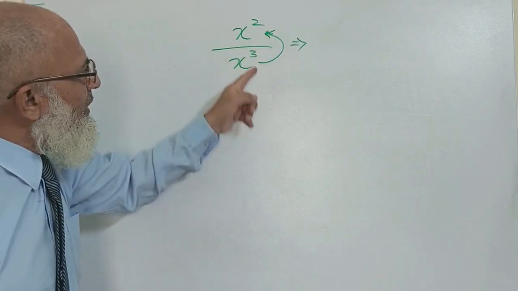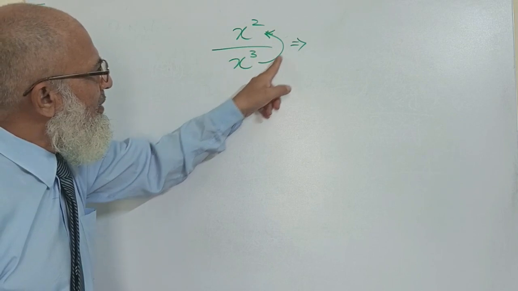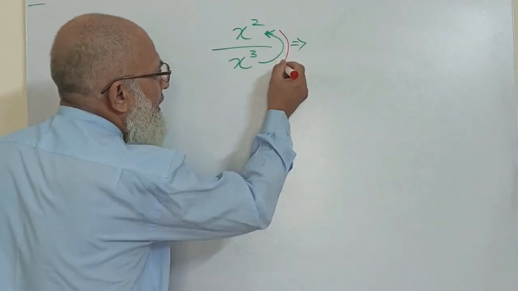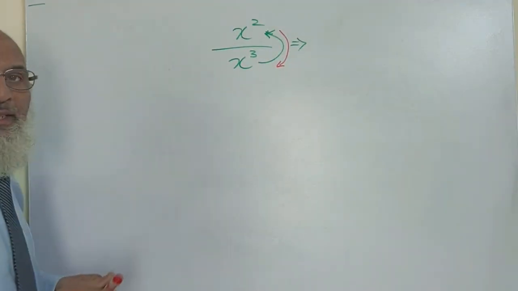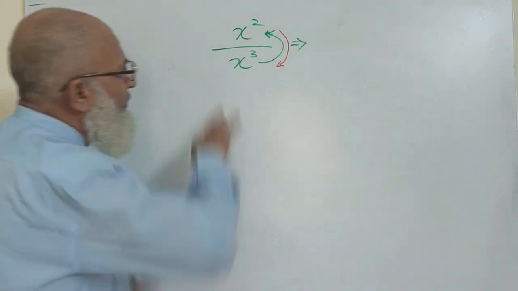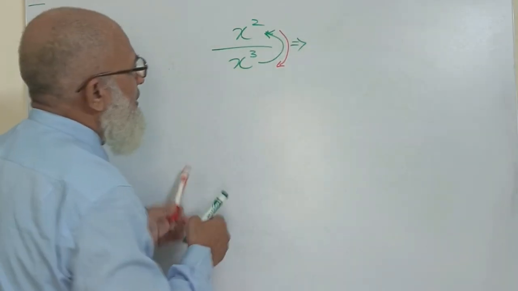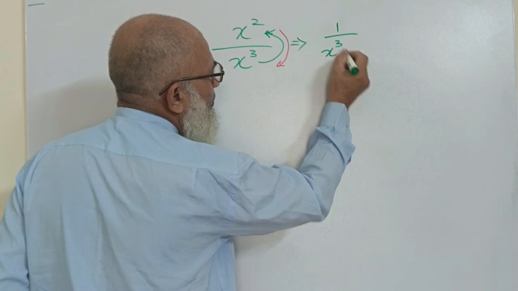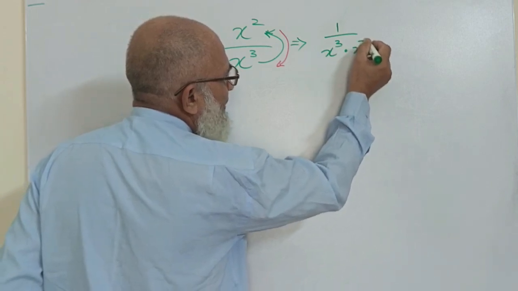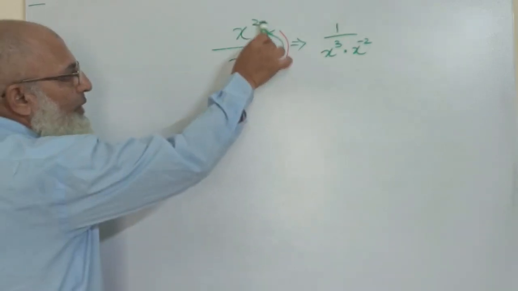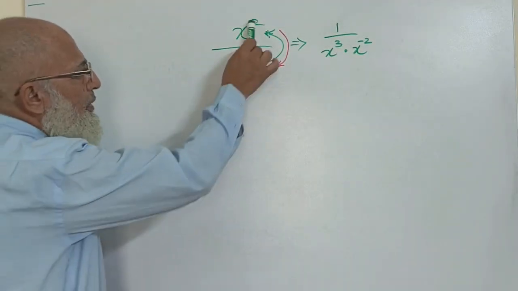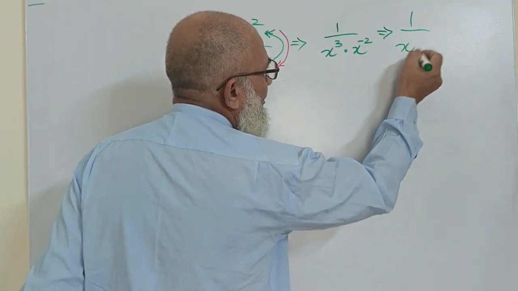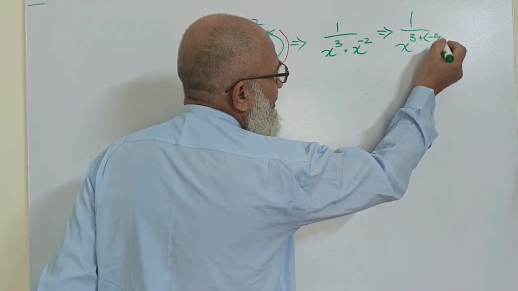So instead of taking this denominator to the numerator, what we did in our last question was that we reversed the process, and what we did was 1 divided by x cube multiplied by x minus 2. Now we brought this numerator to the denominator, and the final result that came was 3 plus minus 2.